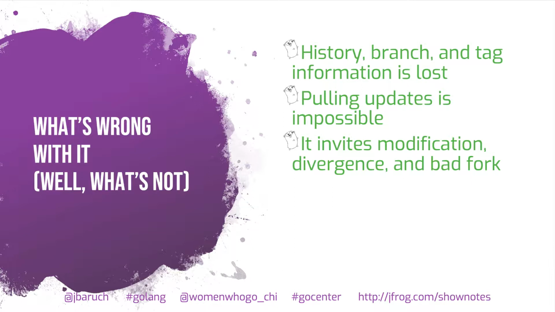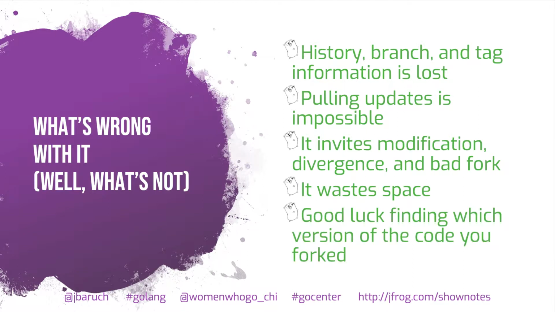It invites modification, divergence, and bad fork, because now they are moving forward and you are moving forward with their code, because you need to fix bugs, you want to make improvements, and you diverge, and there is no link between them. It's completely lost. It wastes space, that's the least of the problems, and obviously good luck finding which version of code you forked. Right, because you forked some commit back then, and this information, which commit you forked, is completely lost.